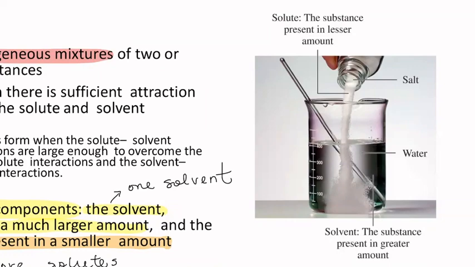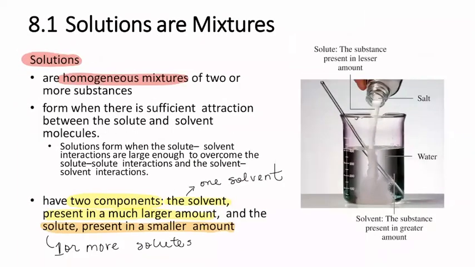The reason why solutions can be made is that the interaction between the molecules of the solute and the solvent is going to be greater than the solute by itself and the solvent by itself. So because that solute wants to be dissolved in that solvent, that's how we make a solution.